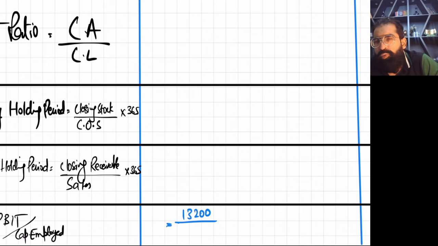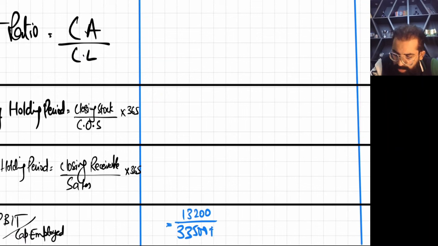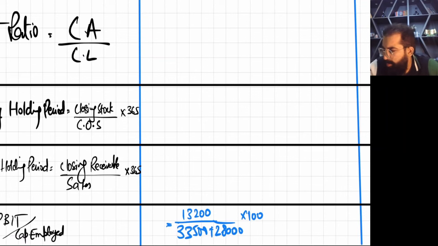For capital employed, there are two formulas: total assets less current liabilities, that's also perfect, or you can add shareholder equity plus long term loan. So I'm using the second formula. Shareholder equity is 33,500 plus loan 28,000, multiplied by 100.